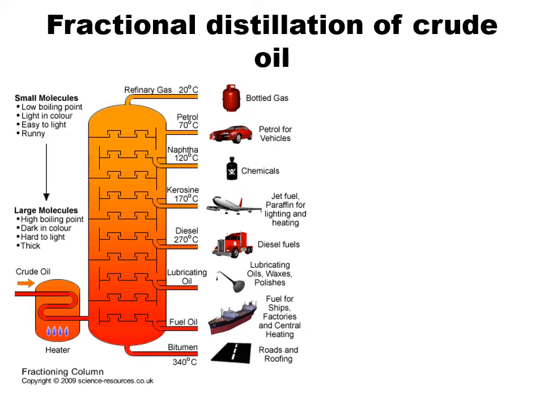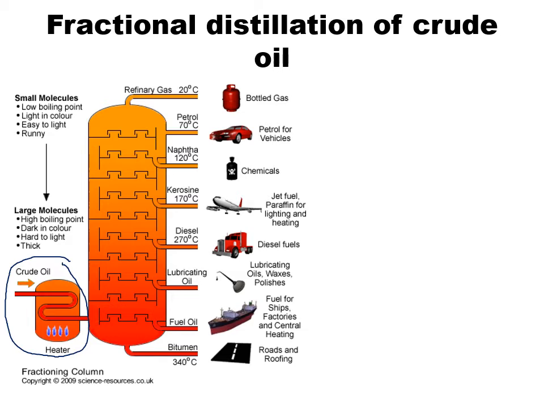Now we're going to look at what the fractional distillation of crude oil looks like. The first step in splitting the crude oil is that we need to heat the crude oil in a heater. When the crude oil is heated to certain boiling points, this mixture of hydrocarbons will be split according to their different boiling points.